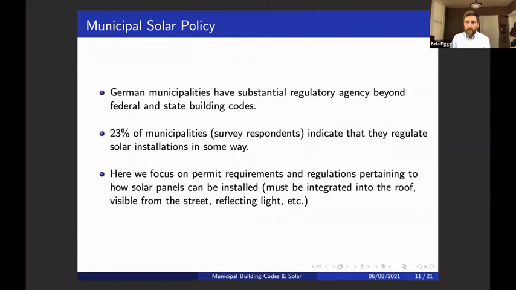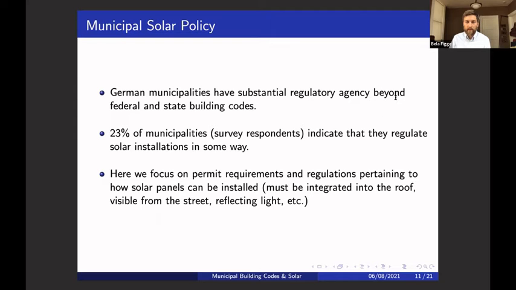So now to our municipal solar policies. In Germany, municipalities have substantial regulatory agency beyond federal and state building codes. And it's actually the case that most of the land area in Germany, almost all available land, is administered by municipalities.